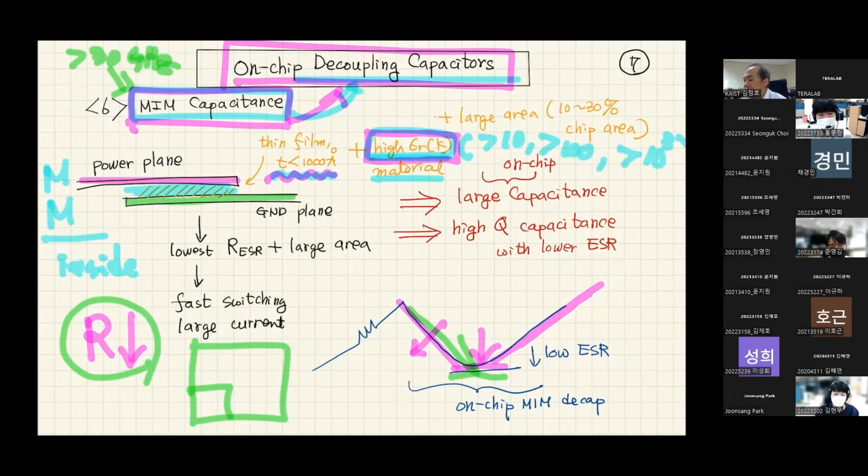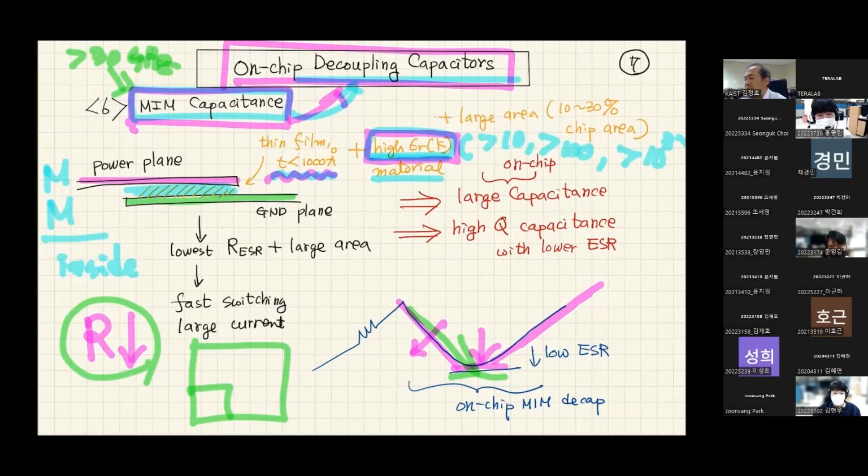Also, among these 6 different capacitances, some of them are very effective at higher frequencies because they have smaller resistance and smaller inductance. And some of these capacitances are more effective in some frequency ranges because they have larger capacitance, but they have larger resistance as well.